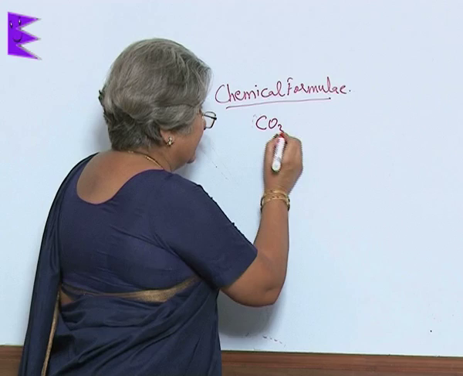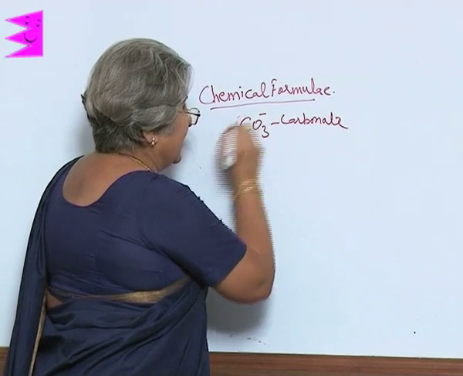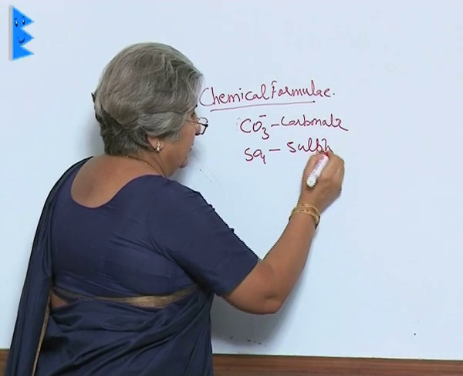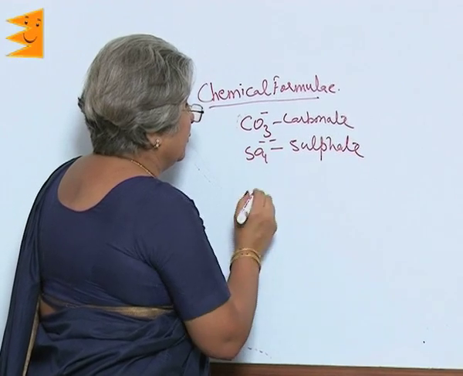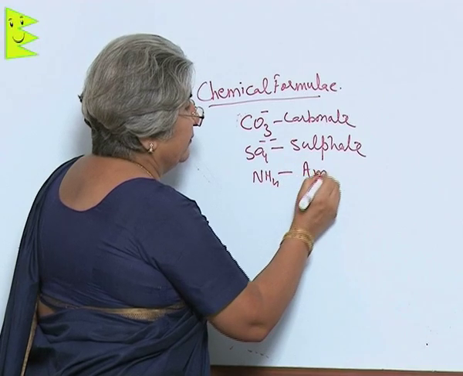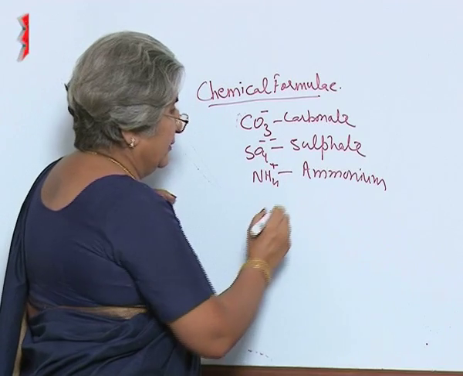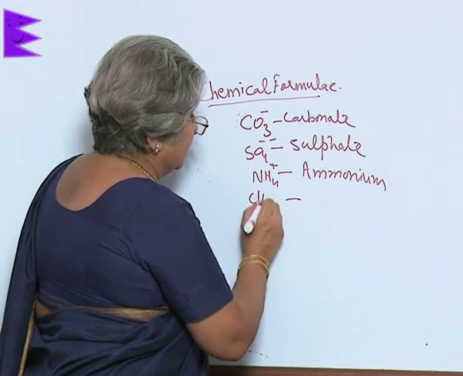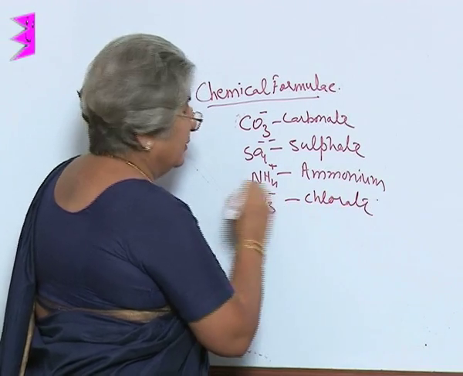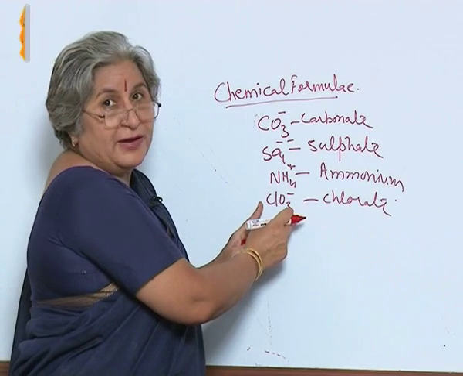This is carbonate, this is -1, sulfate, -2, NH4, ammonium, this is 1 positive, chlorate, one negative. So, this is a group of atoms.